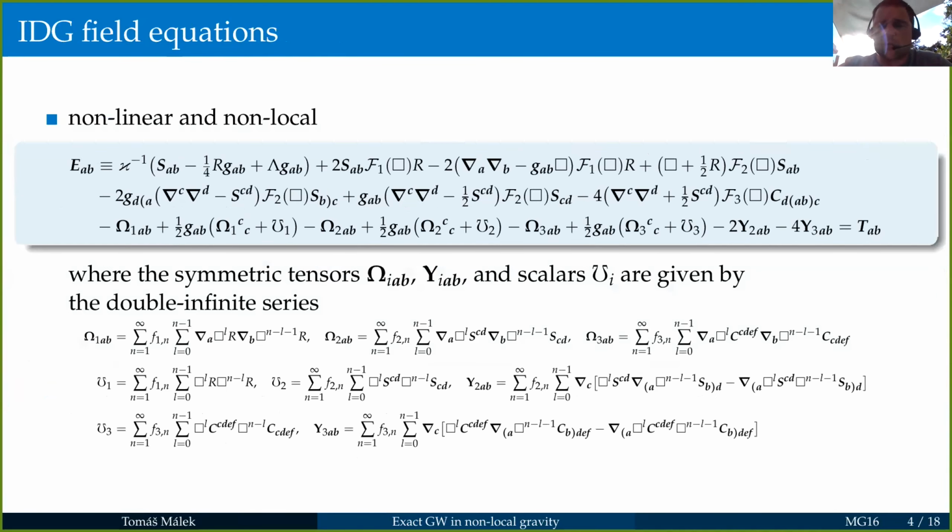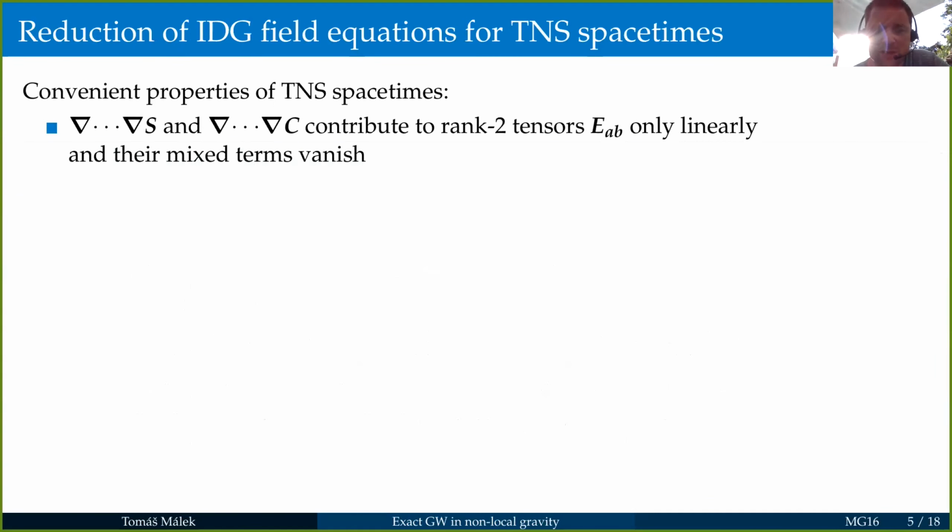And the field equations of infinite derivative gravity are very complicated. They are nonlinear, because they are quadratic in the curvature, and non-local. But we can use the special property of the TNS spacetimes, of almost universal TNS spacetimes. The most important property is that the trace-free Ricci tensor and Weyl tensor and its covariant derivatives contribute to rank 2 tensors only linearly.